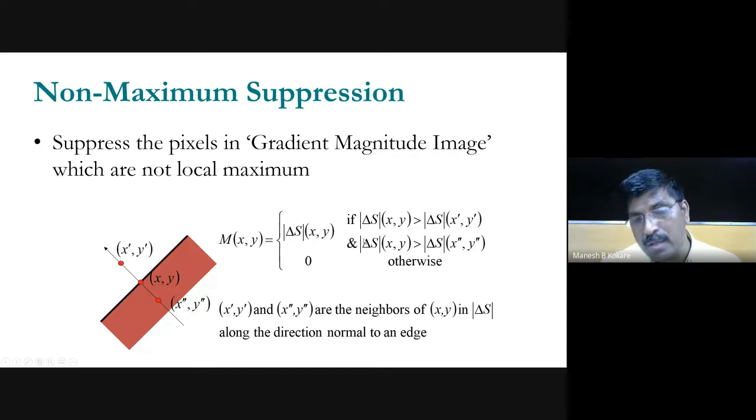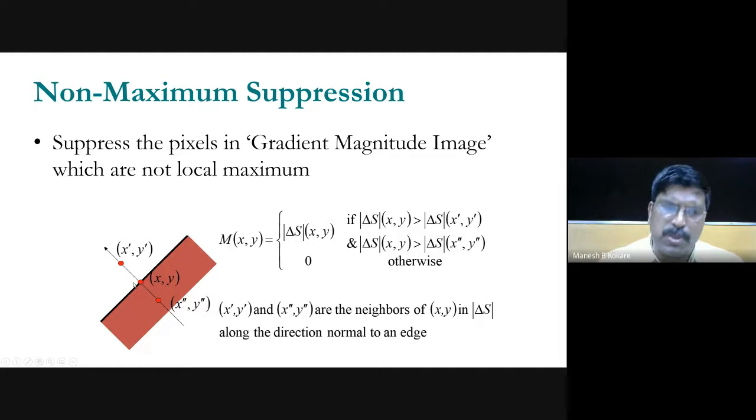It's not only one comparison: you also compare the magnitude or intensity of this pixel with the other one, and if it is greater, it will be kept as a pixel on the edge. Otherwise, it will be 0. So (x', y') and (x'', y'') are the neighbors of (x, y) in the magnitude of the gradient along the direction normal to an edge.